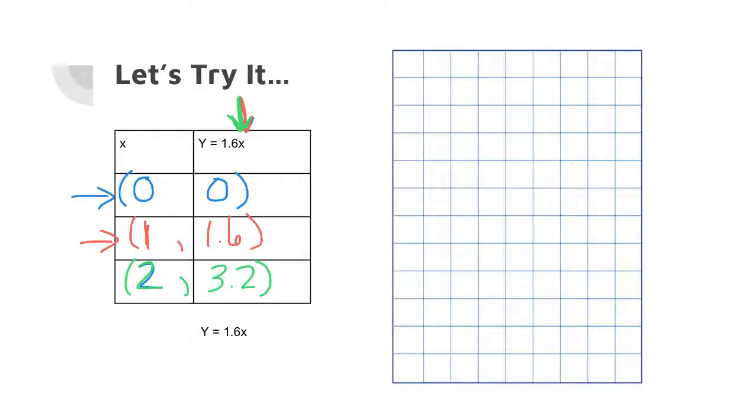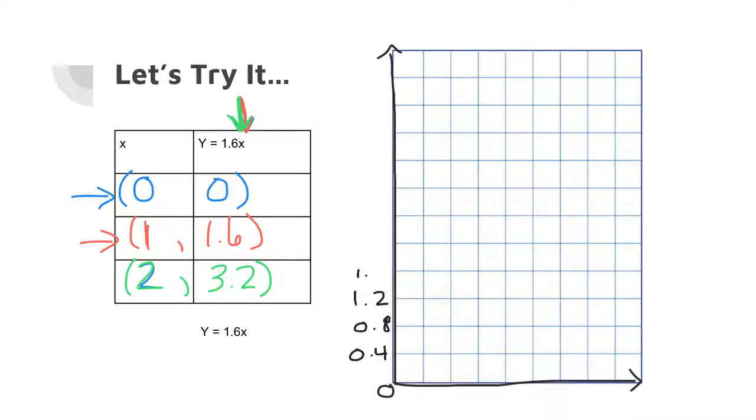So I'm going to set up my quadrant 1. I think I'm going to count by 0.4s. So if I do that, here's how it's going to come out.